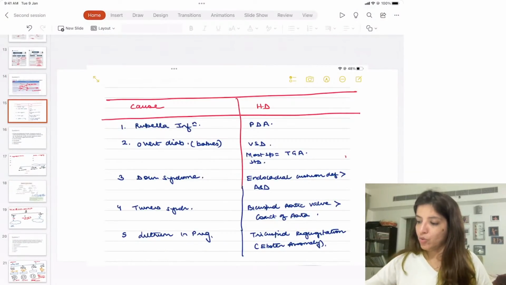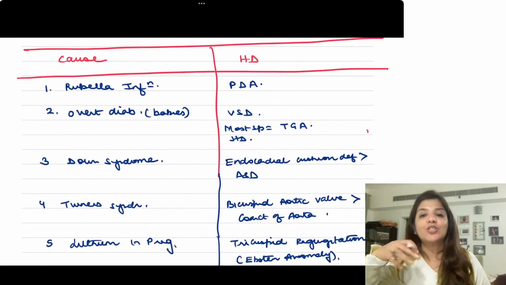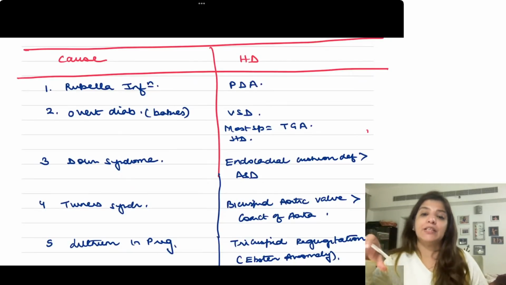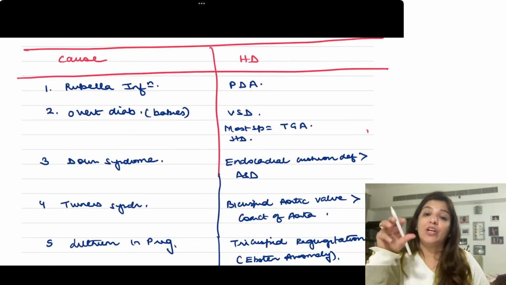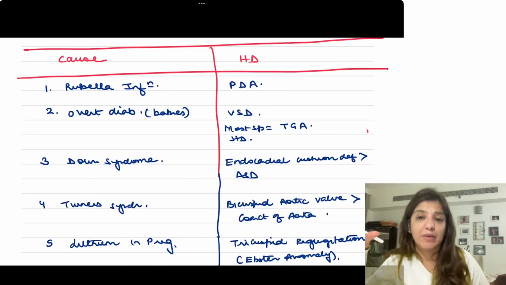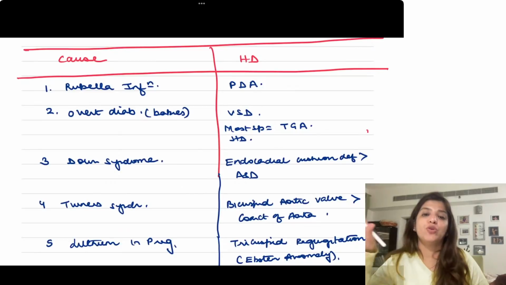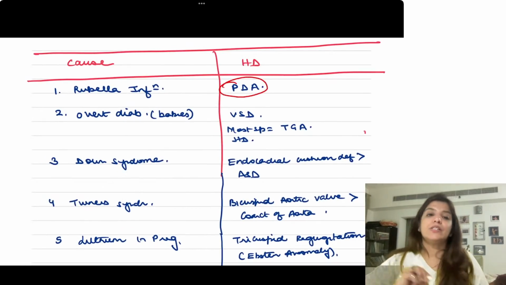So if you want, you can copy this. Rubella is one of those infections where you get heart disease in the baby. Right? None of the other infections will lead to heart disease in the baby. But in congenital rubella syndrome, you get heart disease, and the heart disease is patent ductus arteriosus. Right?